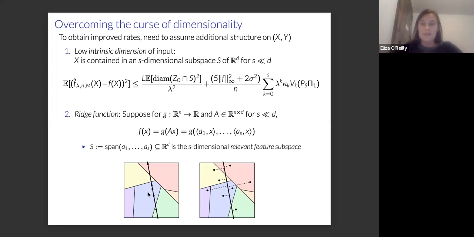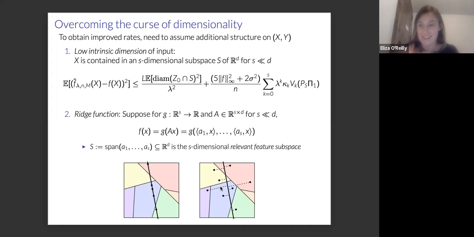But if your input data still lies in the D-dimensional ambient space, but your function just depends on the projection to this subspace, the partition of that ambient space is going to have a lot more effect on how well those points are partitioned once they're projected to that subspace.